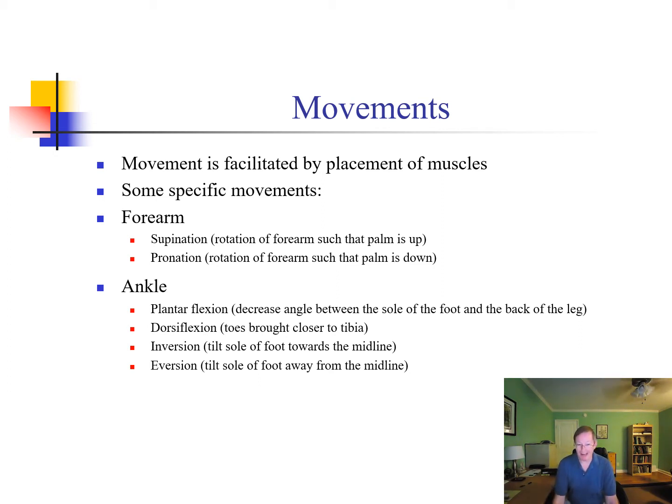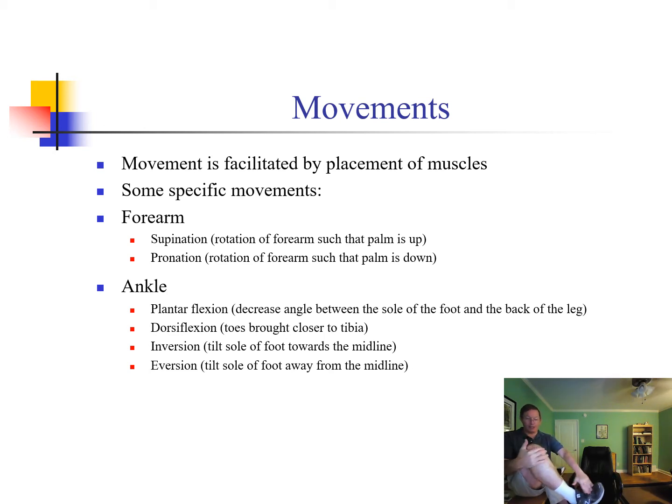Similarly, for my ankle, I have the ability to do several motions. And so if I look at my ankle and I move it towards where my foot is, that is called a plantar flexion. And if I move it backwards, it is called a dorsiflexion.